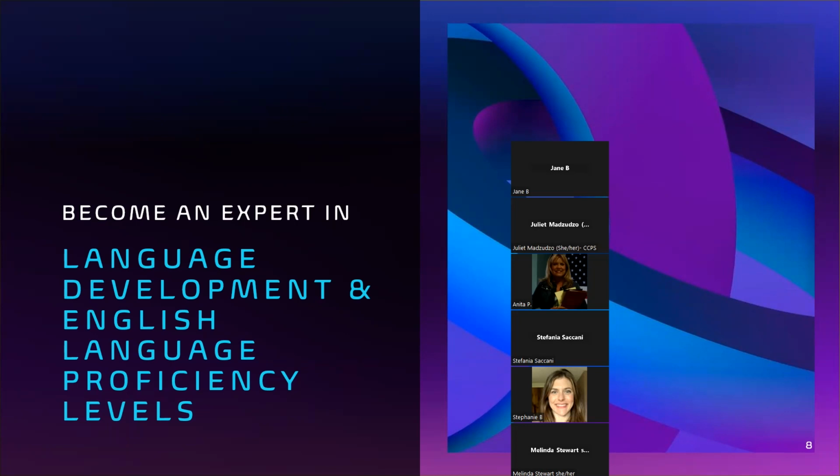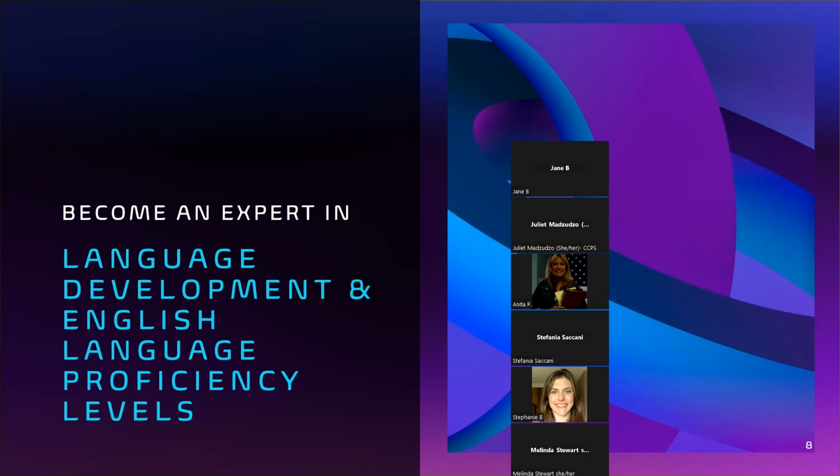But to be able to do that, you need to be able to look at those scores, look at those proficiency levels, and get an idea of whether the progress that student is making is, I hate to say normal because it's different for every student, but along a predictable continuum, right? Are they following a predictable path or is this off what we normally see? And the more experience you have, the more you'll be able to say, this isn't quite how it usually works.